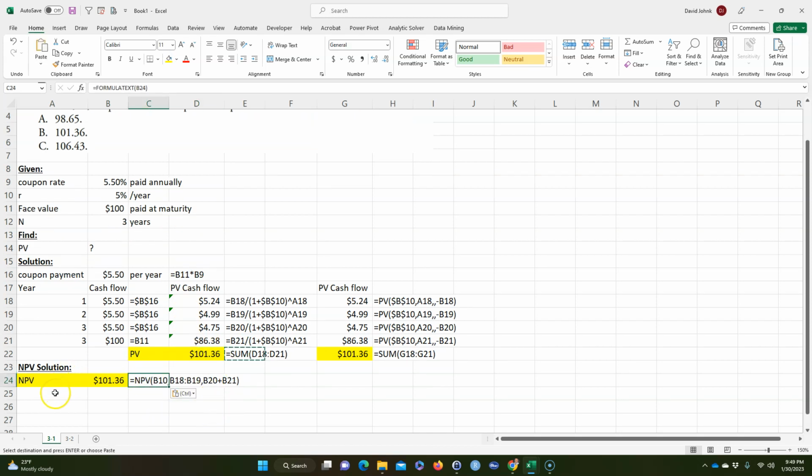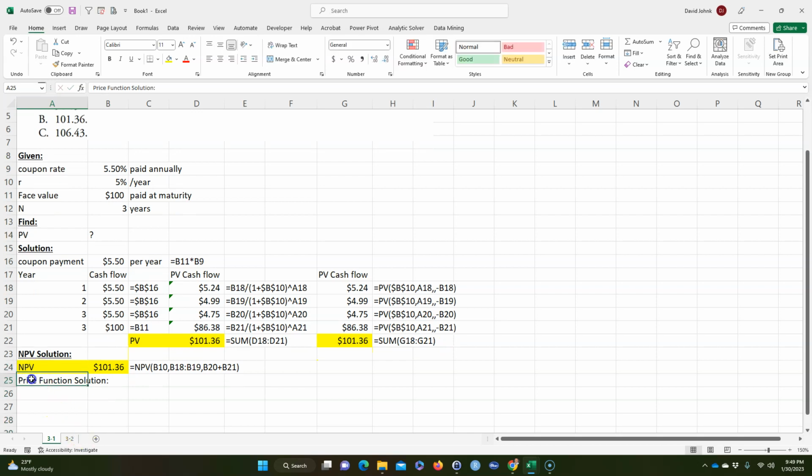Another way you could do it, you could use the Excel price function. So for the price function, you might say, well, first I'm going to buy the bond today. So this is my settlement. Let me put it over here.